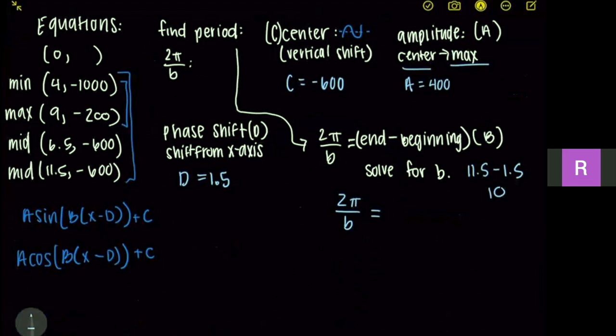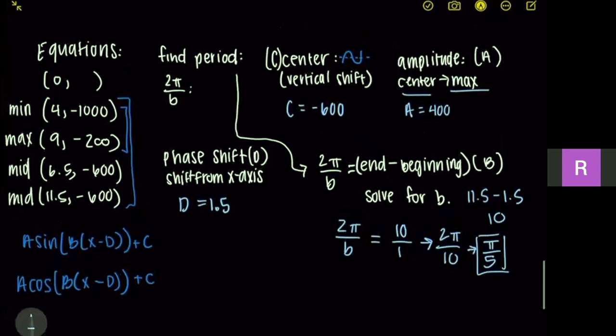So we're going to set our 2 pi over b equal to 10 over 1. If we then do the cross product, we're going to have b equal to 2 pi over 10, which is going to give us pi over 5. The period generally is going to be the same no matter which equation you make. So is the vertical shift and so is the amplitude.